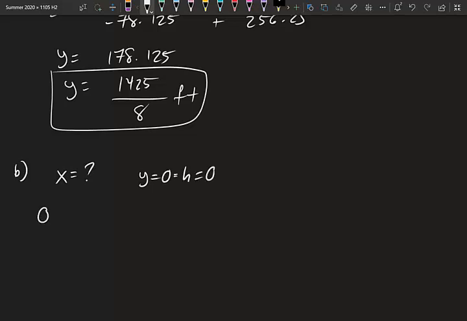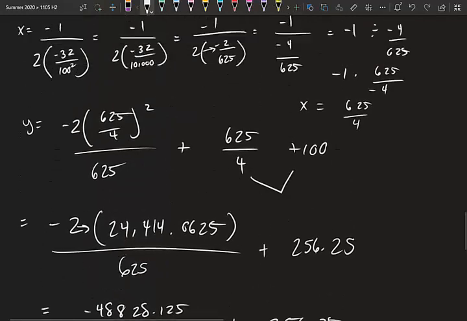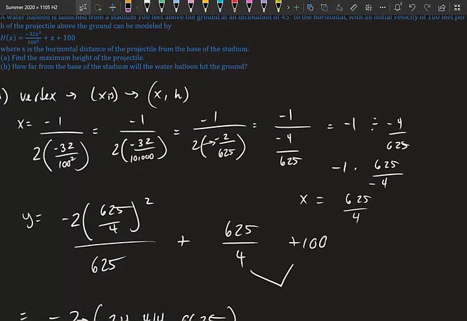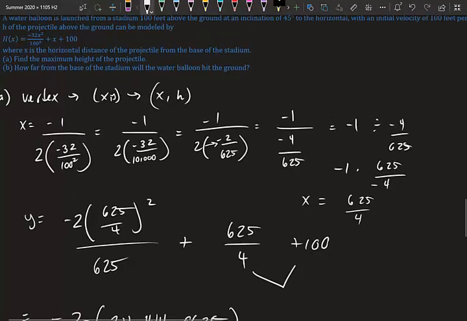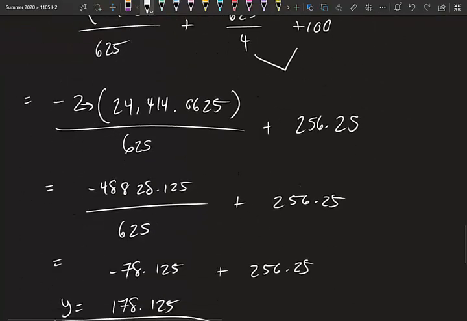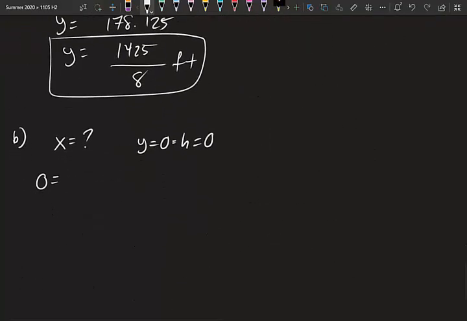So we have 0 equals the -2 over 625, and where I'm getting that from is right here, because that's where we got it from. So we have 0 equals -2x squared over 625 plus x plus 100.